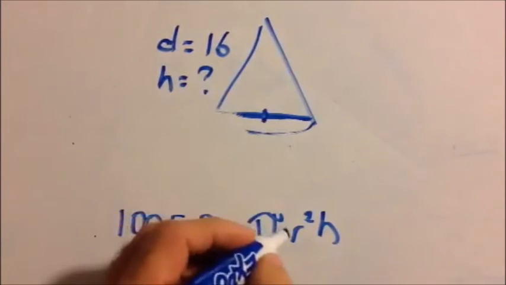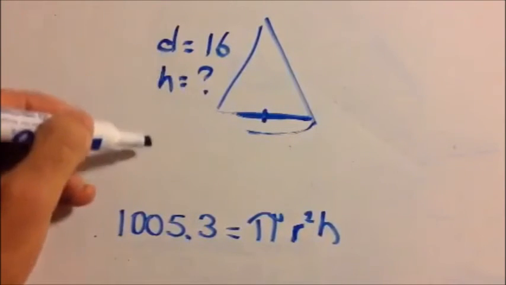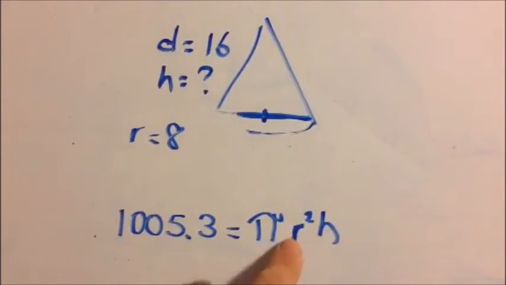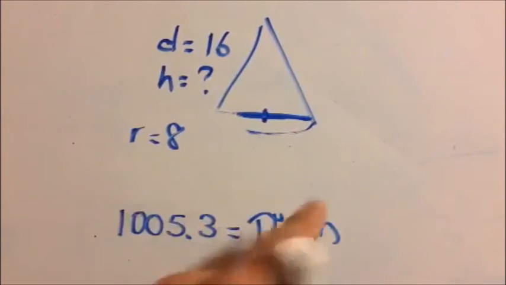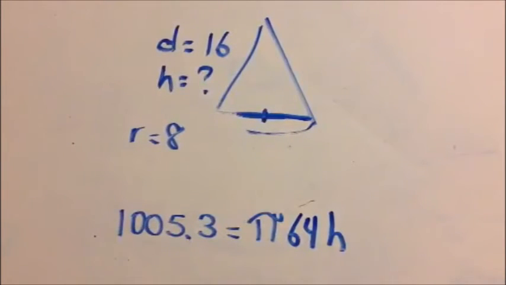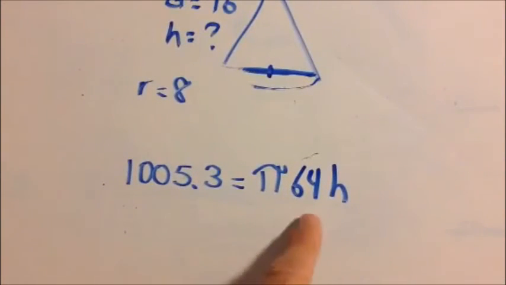Now we have that. Now again, we said that the diameter was 16, so the radius is 8, and 8 squared is 64. So now we have our 64, and we're trying to find h. Now on the calculator we're going to do 64 times pi.